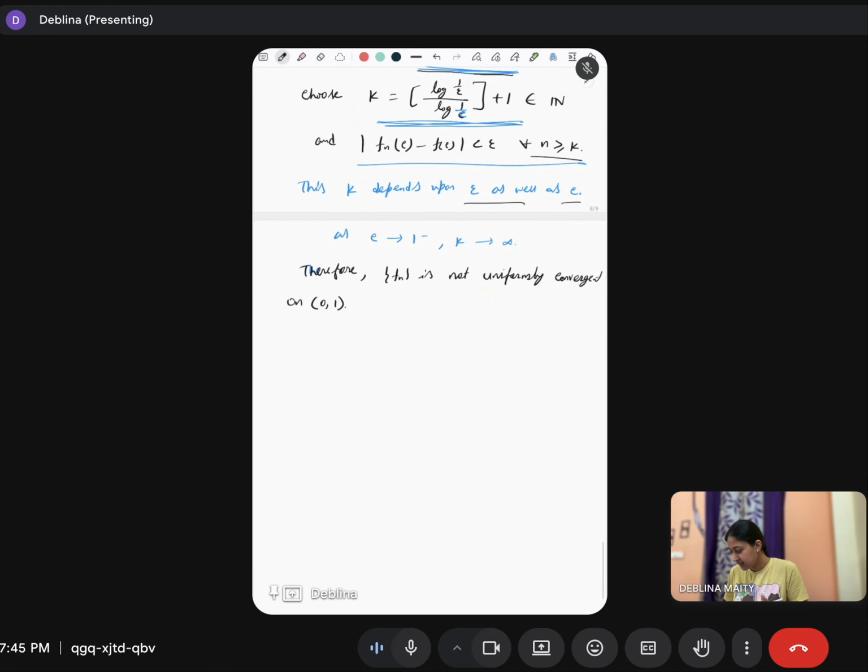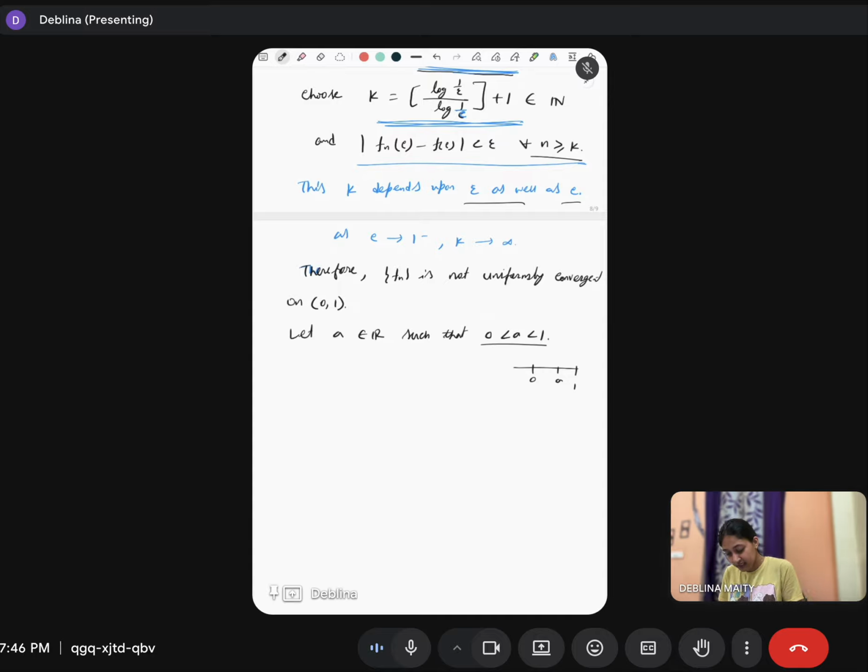So for this, let's take A belongs to R such that 0 is less than A is less than 1, right? So we are not choosing the whole (0, 1), we are taking a point. This is (0, 1), we are taking a point somewhere between 0 and 1, right?